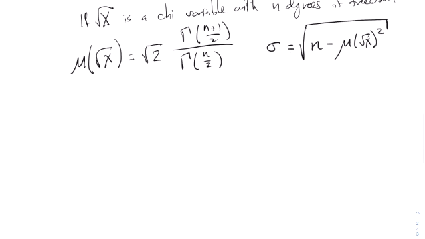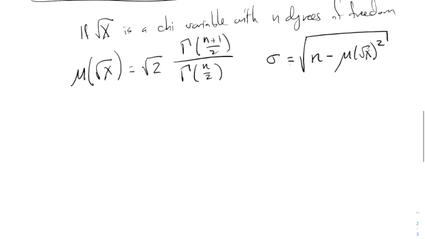And that's kind of the rub. It's not like we don't know it, but it's a little bit of a pain. So what do we find? If root x is a chi variable with n degrees of freedom, meaning it's the square root of a chi-square variable, then the mean is given by this beautiful formula: root 2 times gamma of (n plus 1) over 2, divided by gamma of n over 2. And the standard deviation is the square root of the number of degrees of freedom minus the square of the mean.